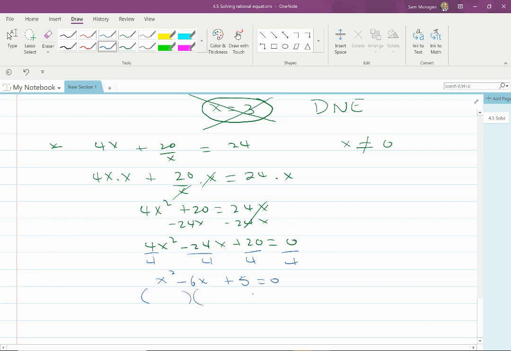So we need two numbers that multiply to give positive 5 and add to give negative 6. So set each of these equal to 0. And we have two answers to this question, 1 and 5.